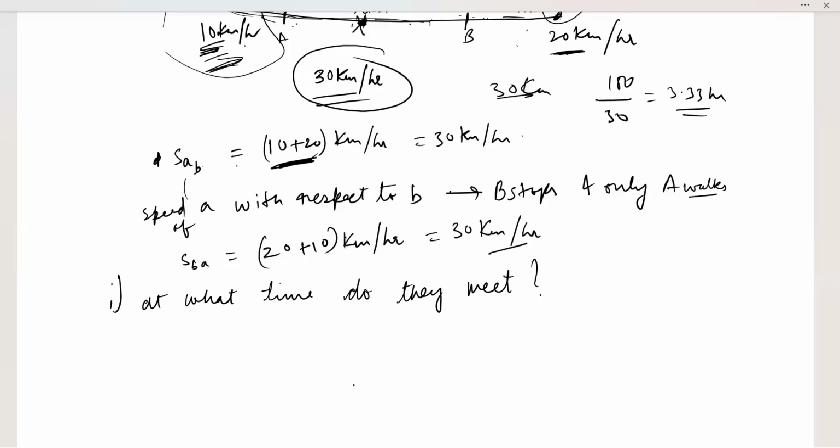Then the other question that they might ask is the distance of the meeting point from, let's say, A.